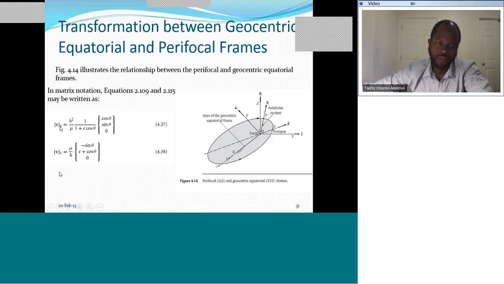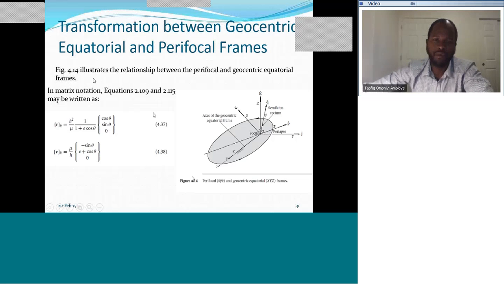The subscript x bar denotes that we are talking about the perifocal frame, as opposed to the position vector in the geocentric equatorial frame, which would be denoted as r_x without the bar. When you say r_x bar, you are talking about the position vector in the perifocal frame. And this equation 4.38 is the velocity vector in the perifocal frame.